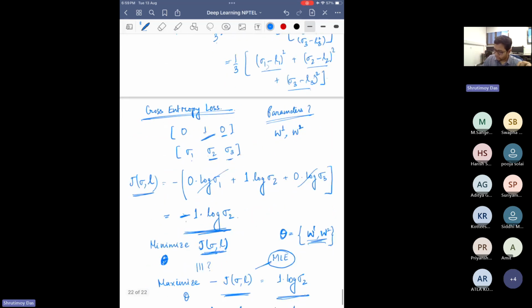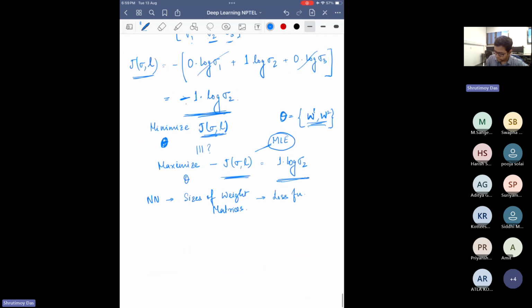Now, one thing. This was a multi-class classification. So suppose we have a regression problem. What will the output dimension be, or what will be the number of neurons in the output layer?